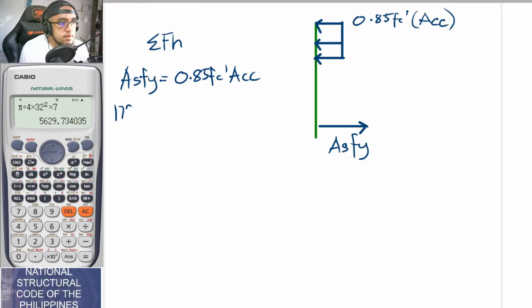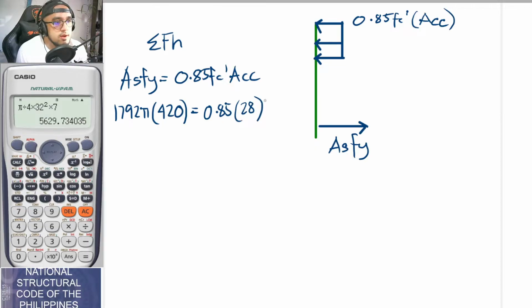Moving forward, that is once again 1792 pi times fy, which is 420, equal to 0.85 f'c, which is 28, times Acc. So with that, we can now solve for the value of Acc.